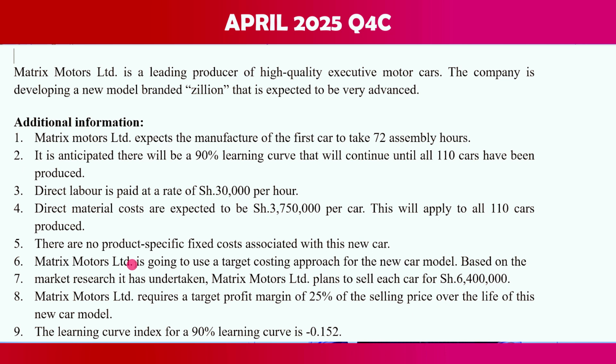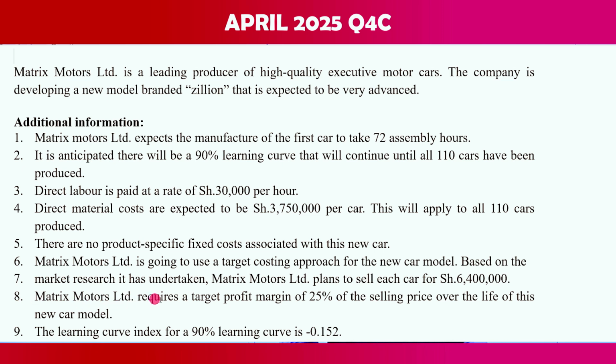There are no product specific fixed costs associated with this new car. Matrix Motors Limited is going to use a target costing approach for the new car model. Based on the market research it has undertaken, Matrix Motors plans to sell each car for 6.4 million.